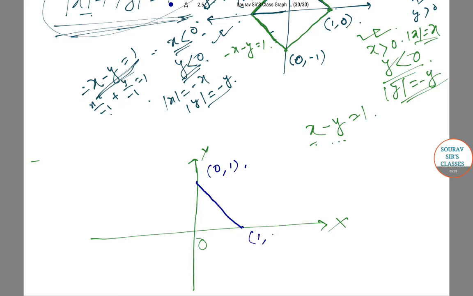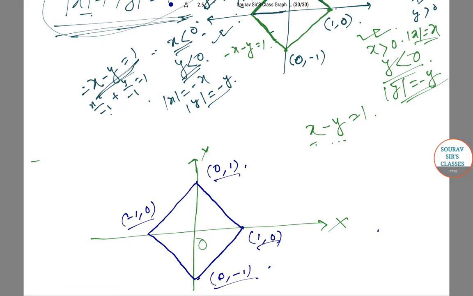It is 1, 0. In this way the graph is in this way. This is 0, minus 1 and this is minus 1, 0. This is the final graph of mod x plus mod y equal to 1. Now we are done. Thank you.